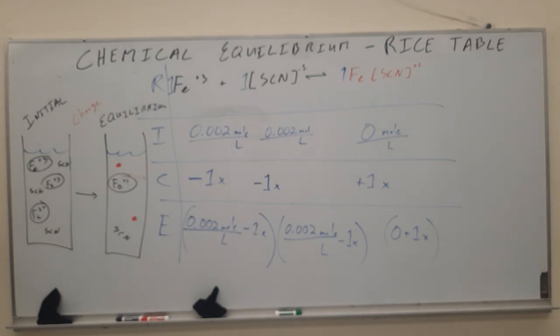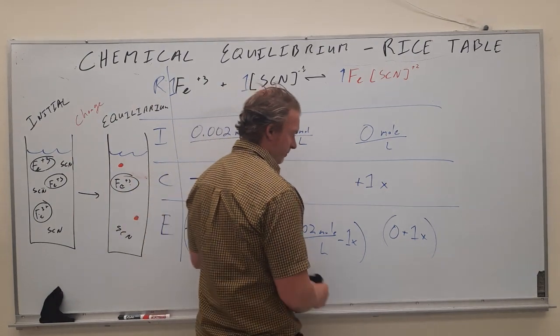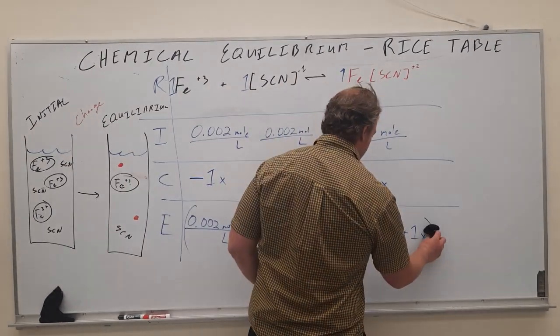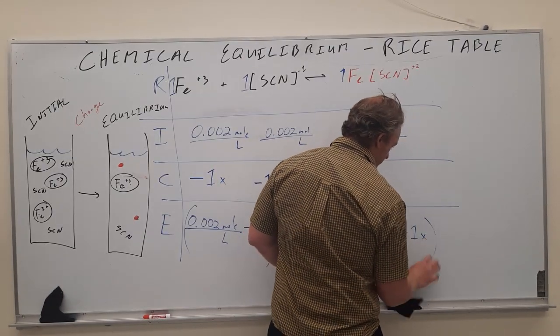So let's imagine, I'm just going to make up a number in here, that we measured this absorbance to be such a value, and we figured out that X from the calibration curve.